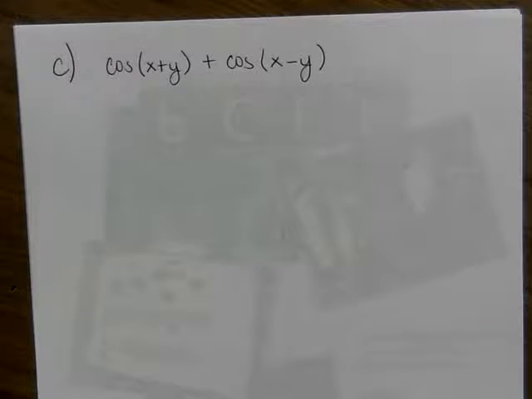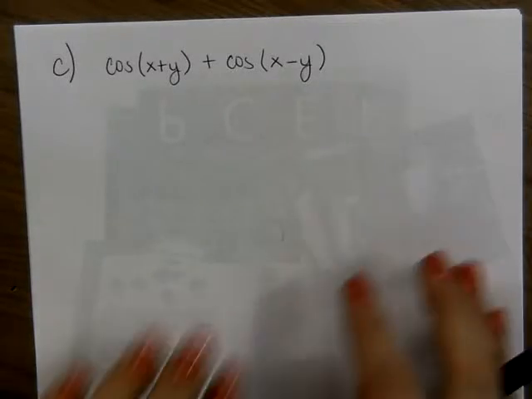Do you use cosine of u plus v, cosine of u minus v? Or is this different? The directions said write as a product. So that is a huge clue that you have to take this sum and change it to a product. So the only formulas you should be looking at are those sum to product formulas, okay? So even though this looks like something we've done before, the directions said use the product.